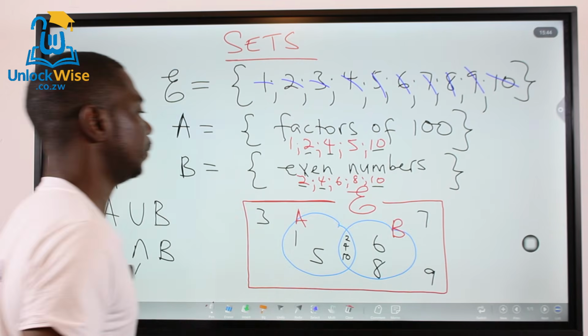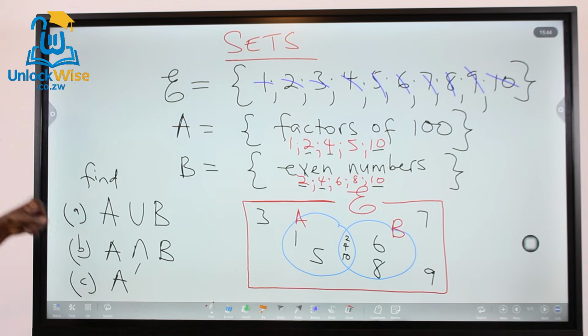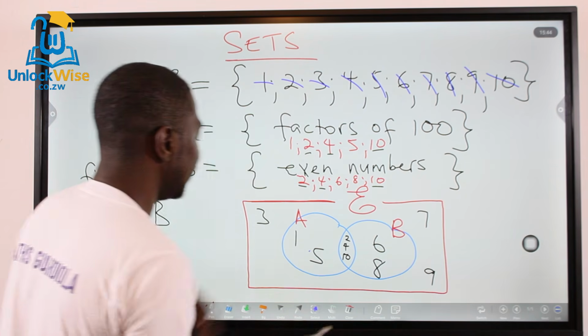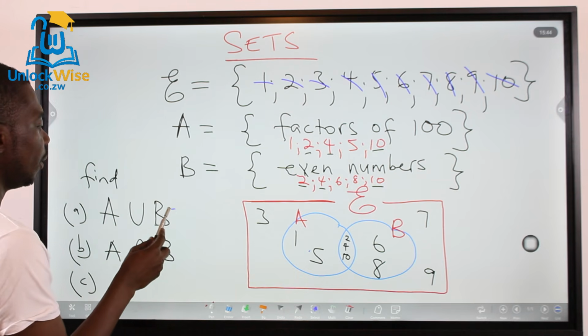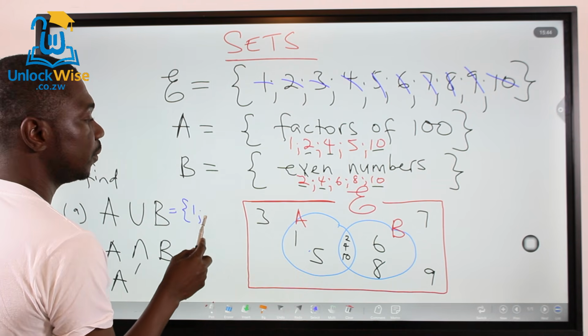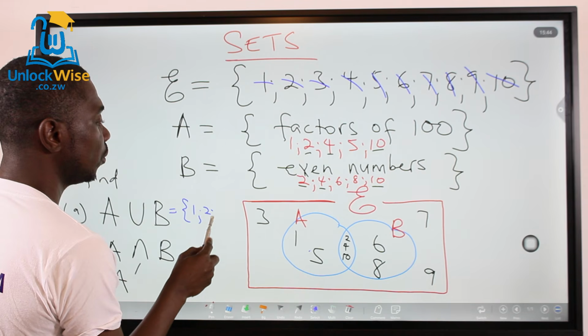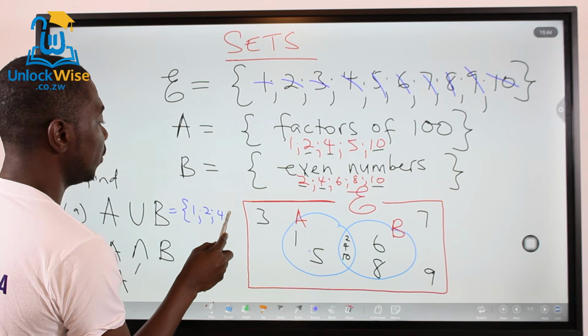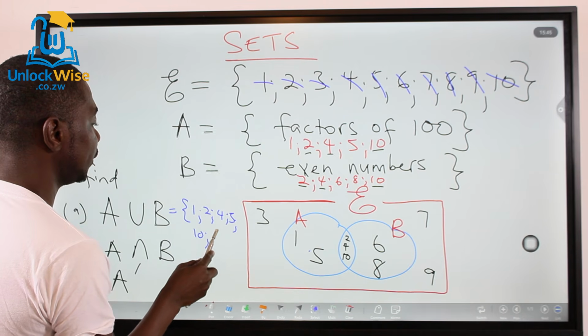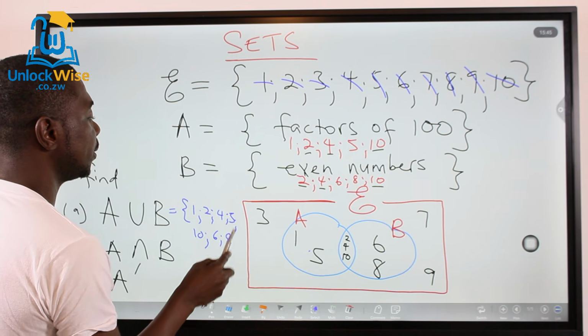Okay. So if you are to check now, A union B, we said we combine what is in A and what is in B. So this will give us 1, 2, 4, 5, 10, 6, 8.